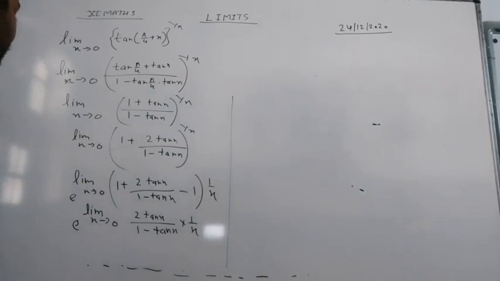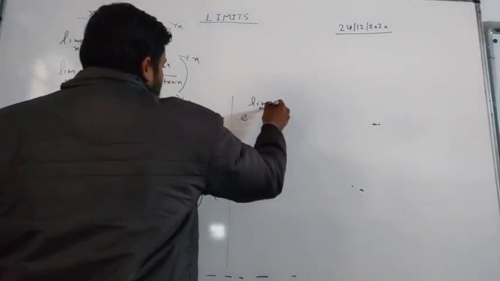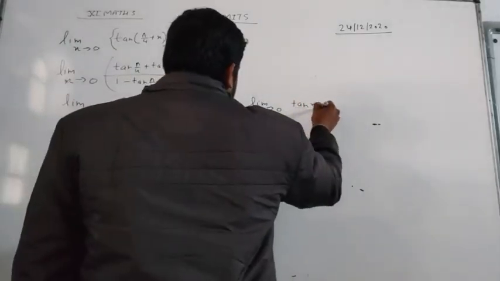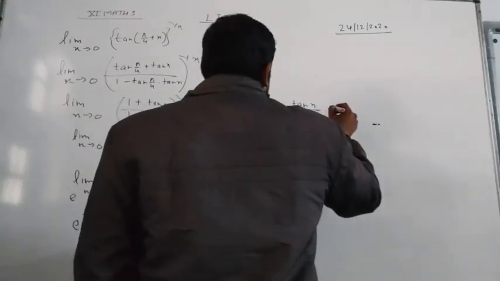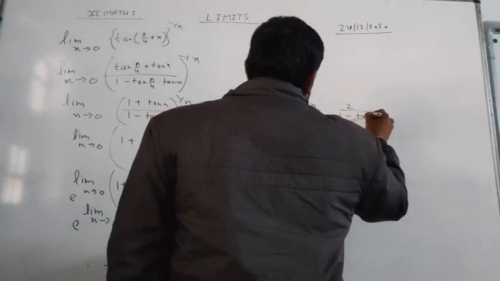Now we will solve it. So we write e to the power limit x tends to 0, tan x by x into 2 by 1 minus tan x.